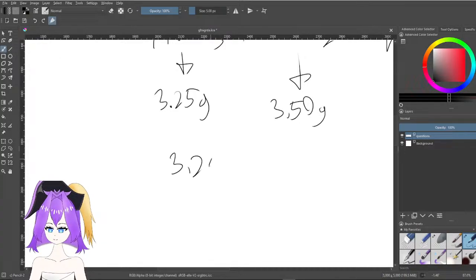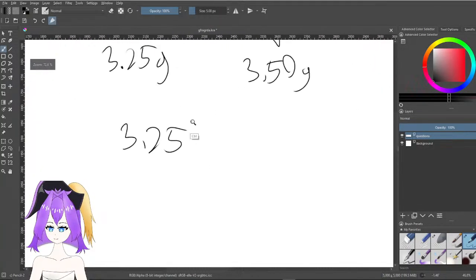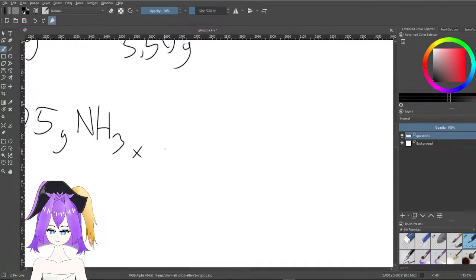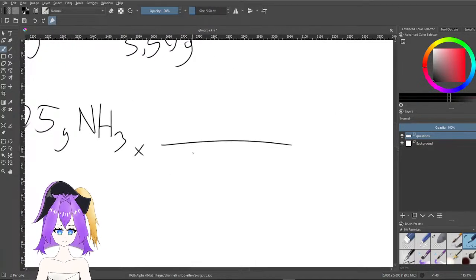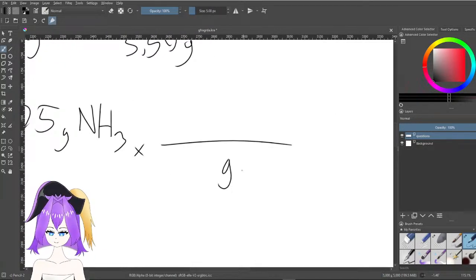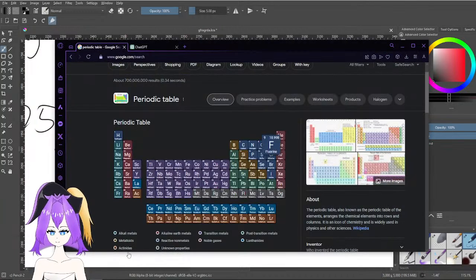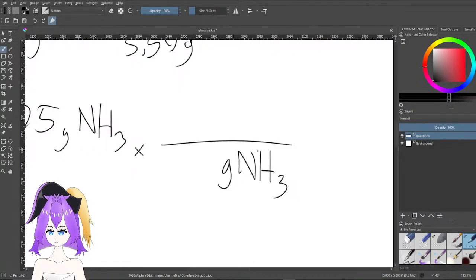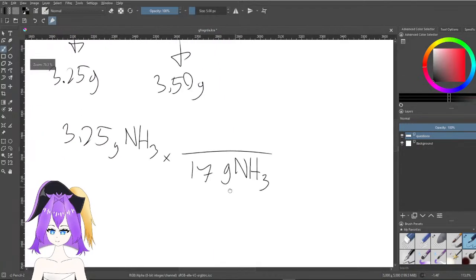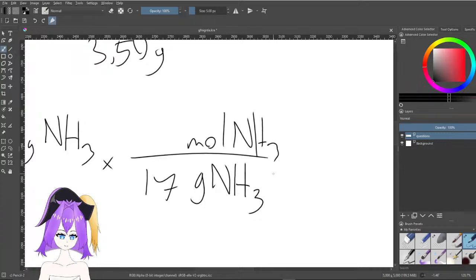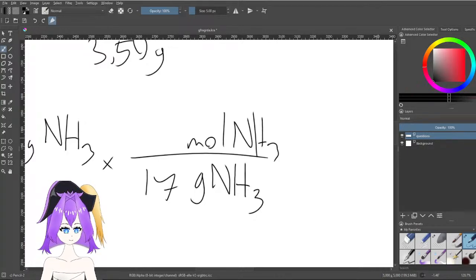So 3.25 grams of NH3. That is something I'm fine writing down. So grams of NH3. Nitrogen is 14, 15, 16, 17 grams. Moles of NH3.